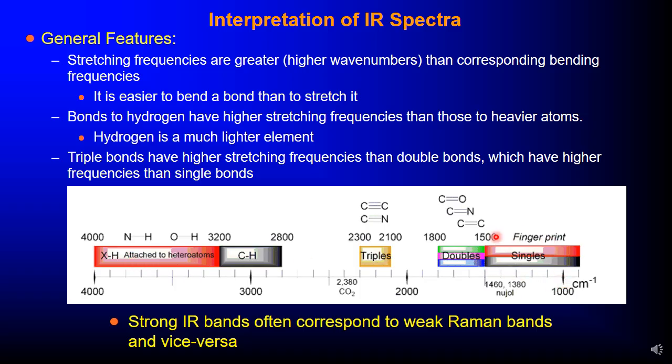So you can be able to see here the fingerprint region, from 1000 per centimeter, and as we go to 4000 per centimeter, we will realize that the double bonds fall around 1800 to 1500. So for example, there is carbon-carbon double bond, there is carbon-nitrogen double bond, there is carbon-oxygen double bond.